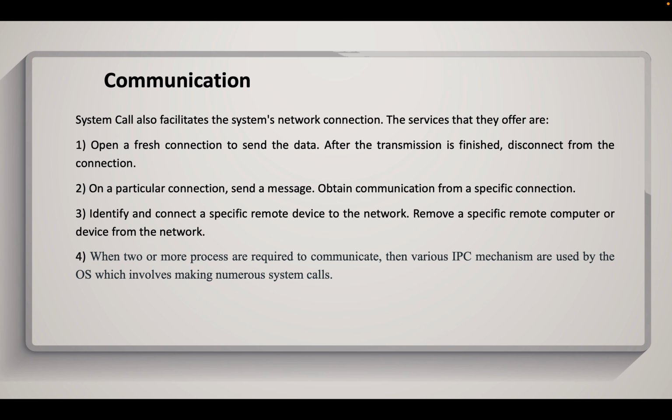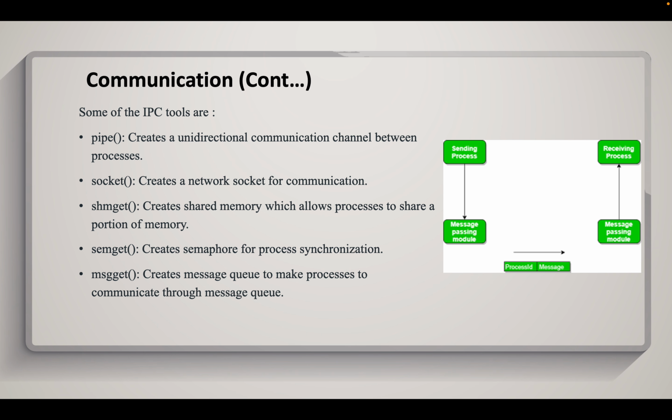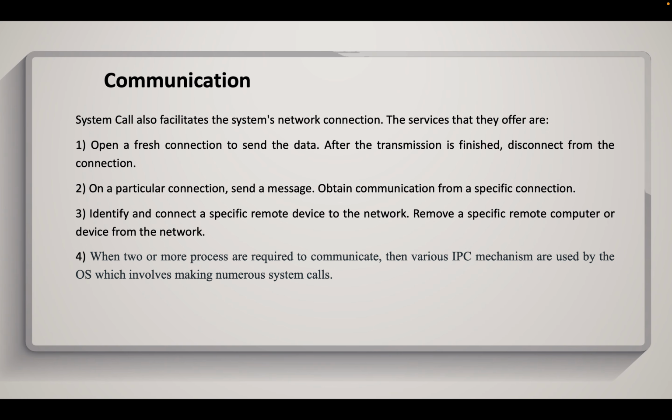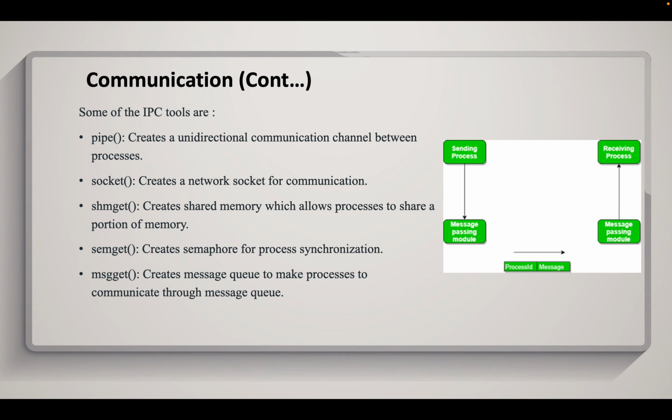First it creates the communication, then establishes the communication, then performs the communication. Some of the inter-process communication tools are: pipe creates unidirectional communication. Socket creates network communication. SHMGET creates a shared memory to allow two processes to communicate.